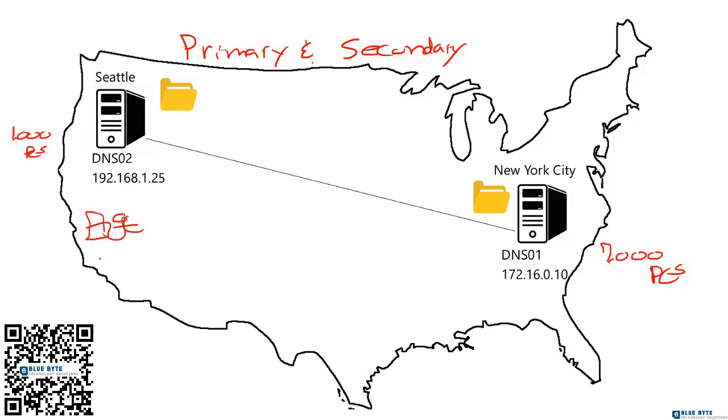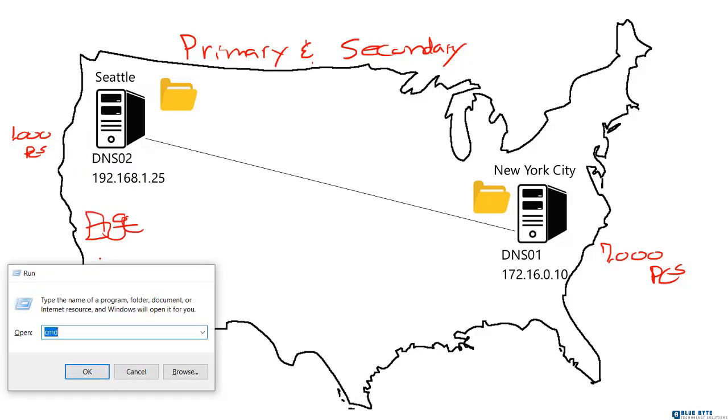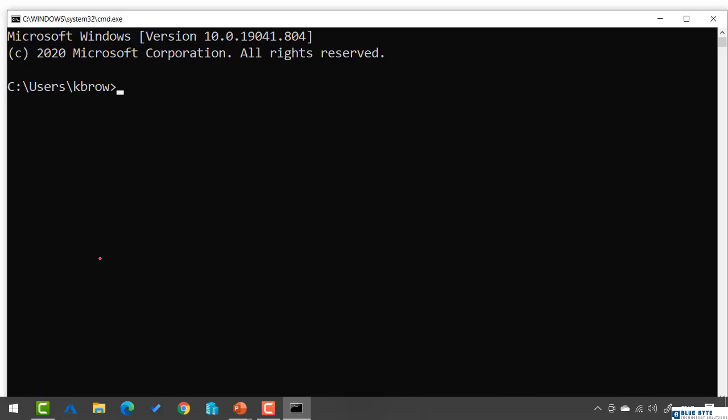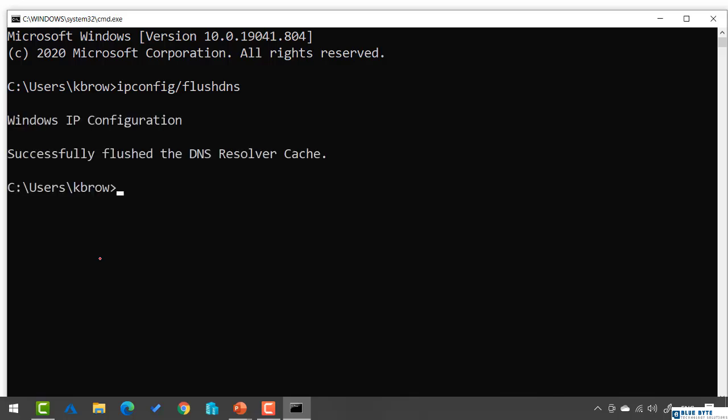To look at how much traffic is generated, I'm going to pull up my command prompt for a moment. The first thing I'm going to do in a command prompt is type ipconfig /flushdns. This is just going to purge any content that's already in my DNS cache.